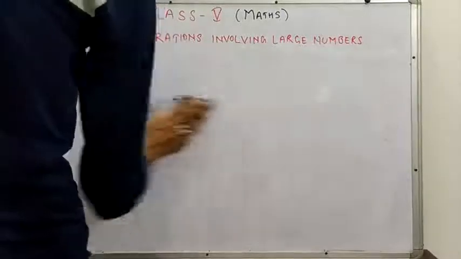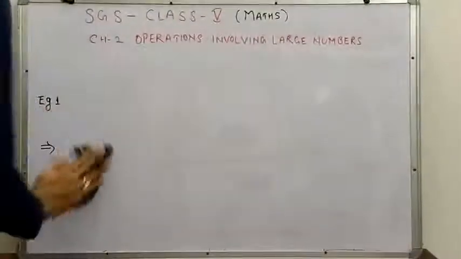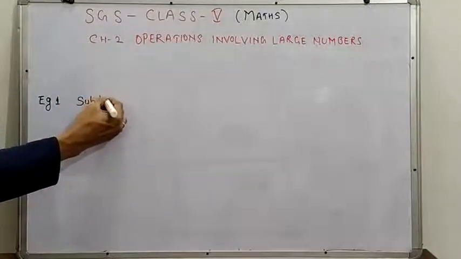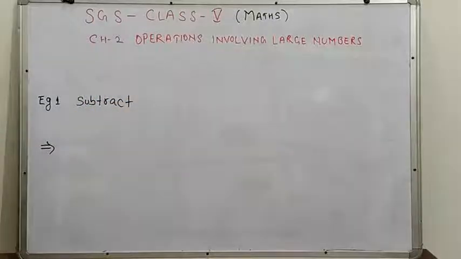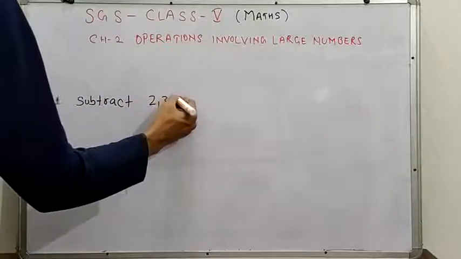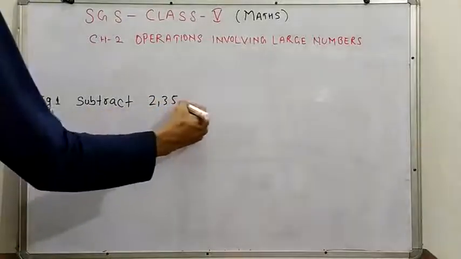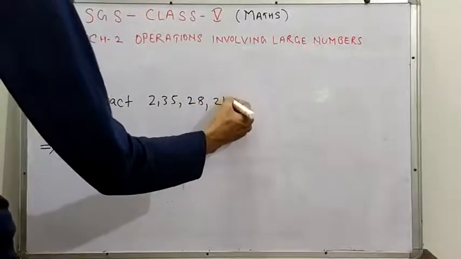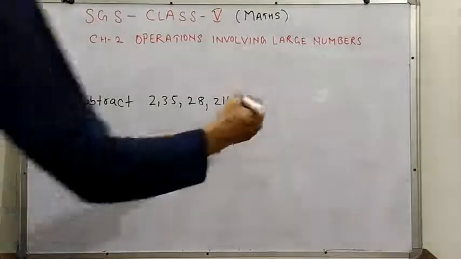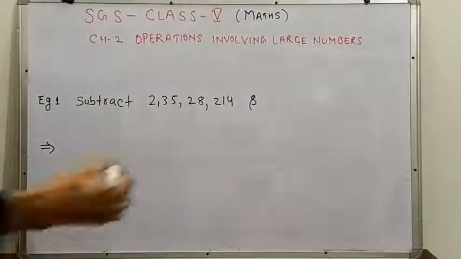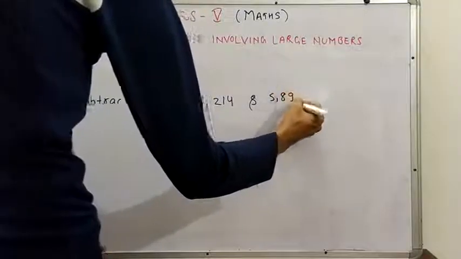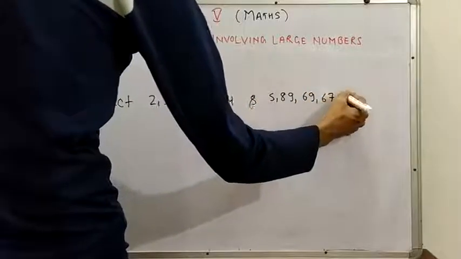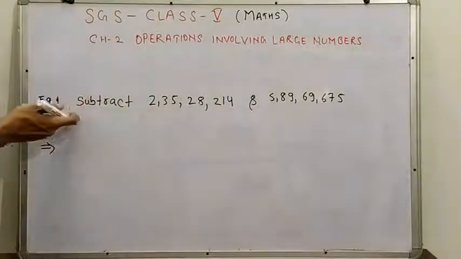Suppose the example is given like this: subtract 235, again comma 28, 214 and 589 comma 69675. Suppose these numbers are given and the operation given is subtract.